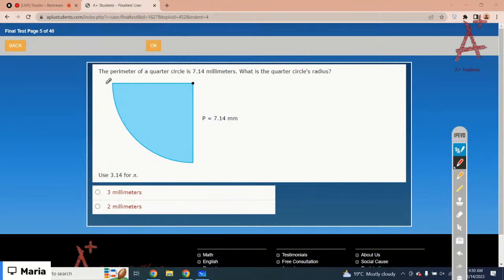So the perimeter of the quarter circle is P equals pi d divided by 4. Just put in all the values and calculate the answer. Perimeter is 7.14. You have to calculate the radius.